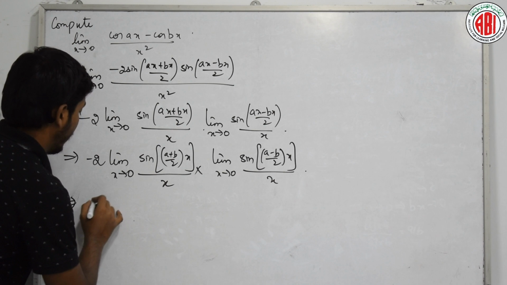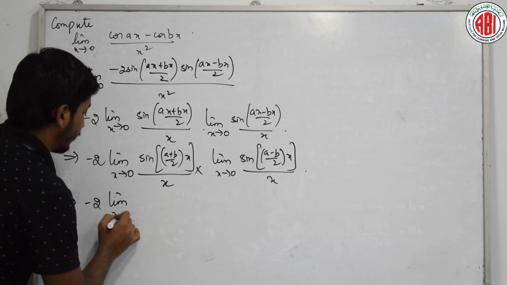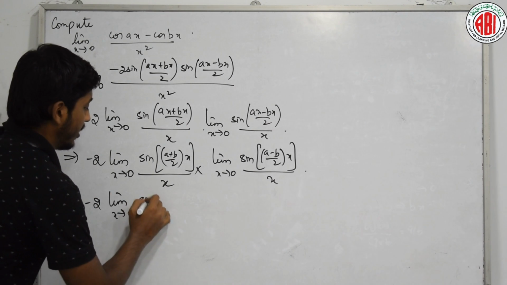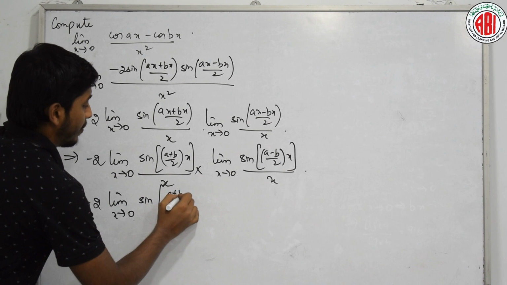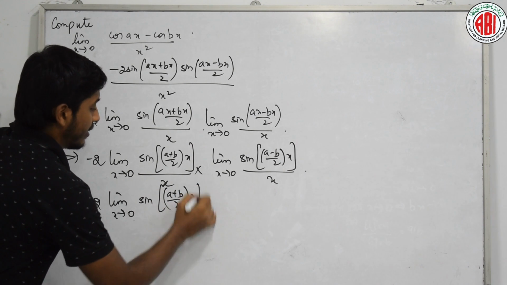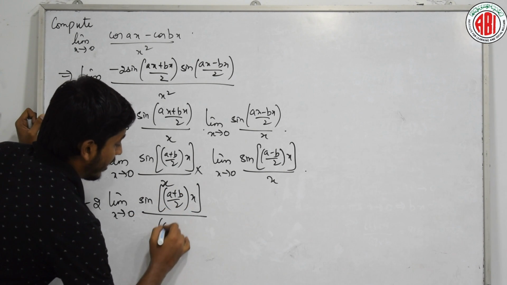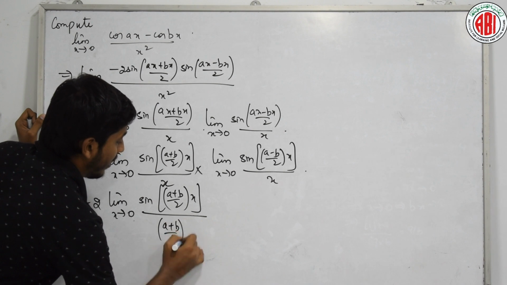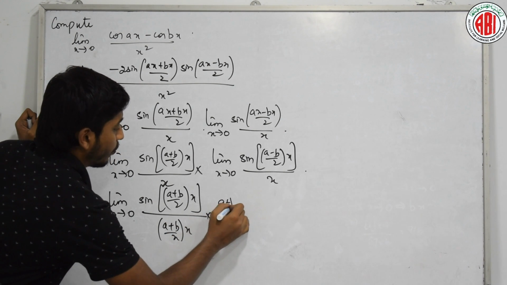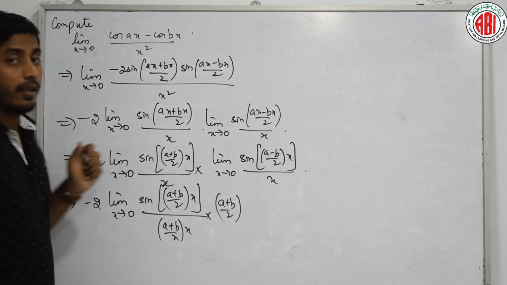That will be minus 2 limit x tends to 0 sin A plus B by 2 into x divided by, let us multiply and divide with A plus B by 2. Okay, fine.